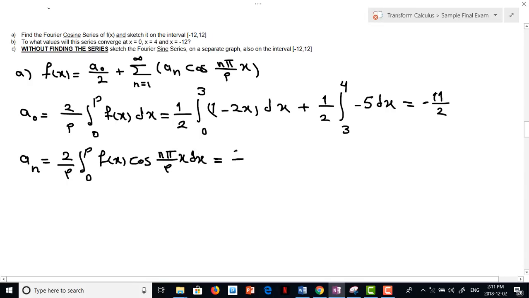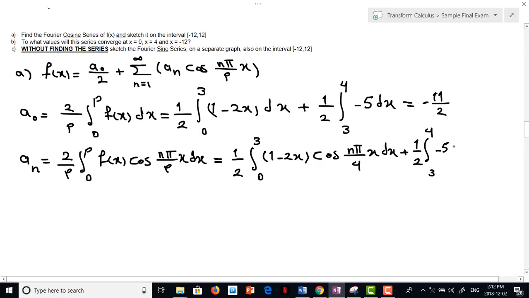So it's 1/2, and I have to split the integral: from 0 to 3, f(x) is 1 minus 2x times cosine(n pi over 4 x) dx, plus 1/2 the integral from 3 to 4, where f(x) is minus 5, cosine(n pi over 4 x) dx.